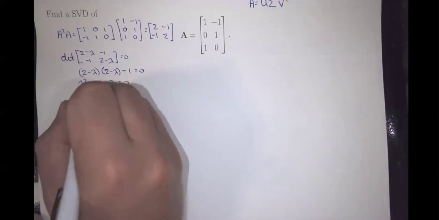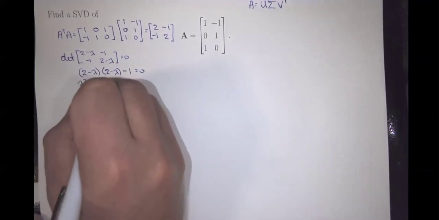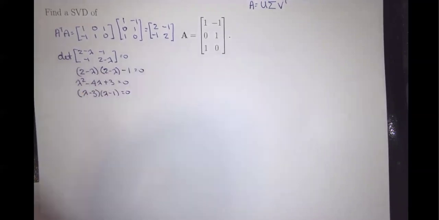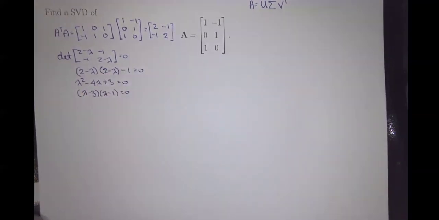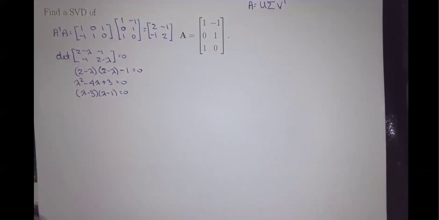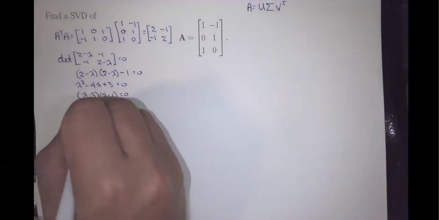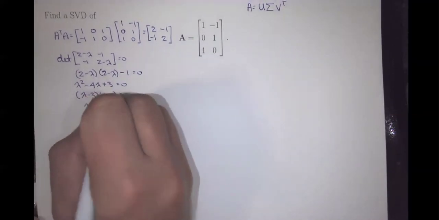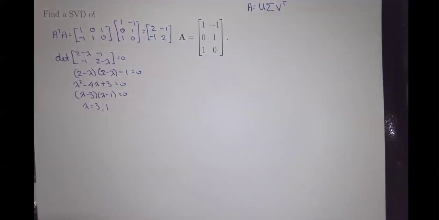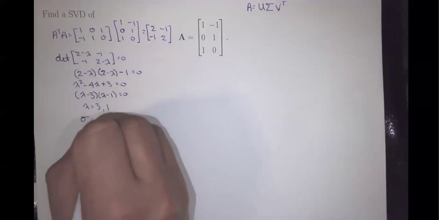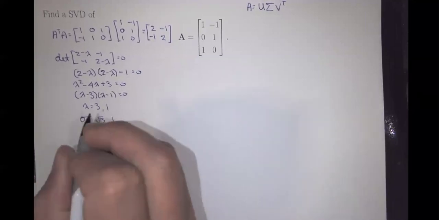That factors to lambda minus 3, lambda minus 1. So lambda here is going to be 3 and 1, and so our singular values are going to be root 3 and 1.